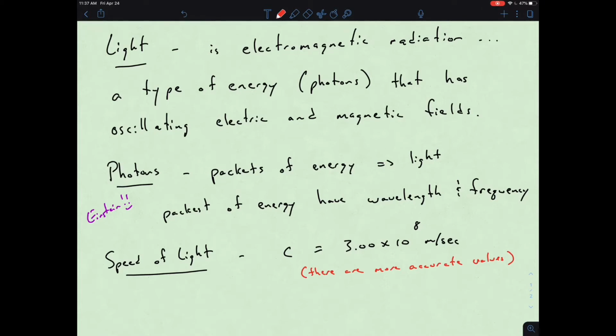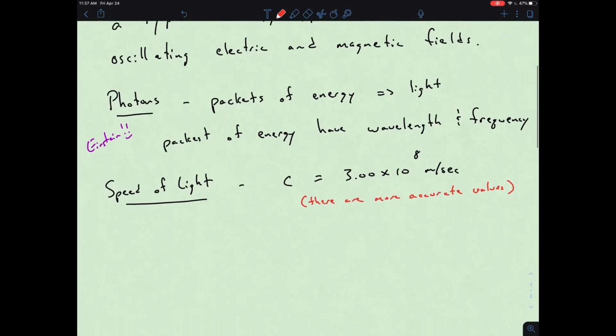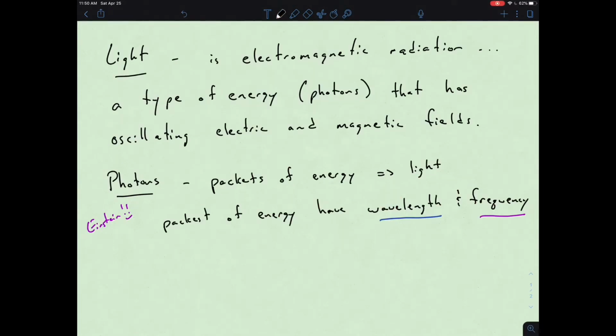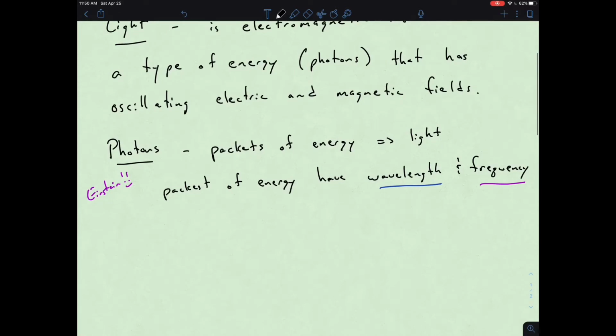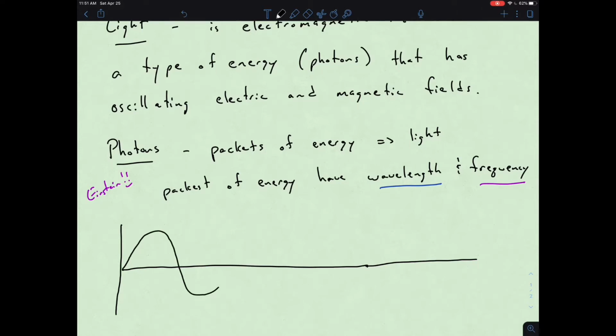So we have this idea of photons and light, packets of energy, speed of light, and so if we were to look at a photon, and this idea of them possessing wavelength and frequency, we could maybe draw a crude axis here. And we would have basically this type of oscillation.